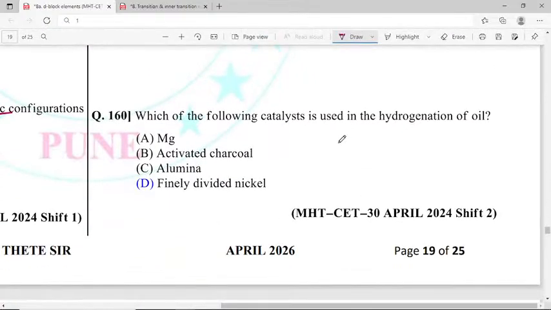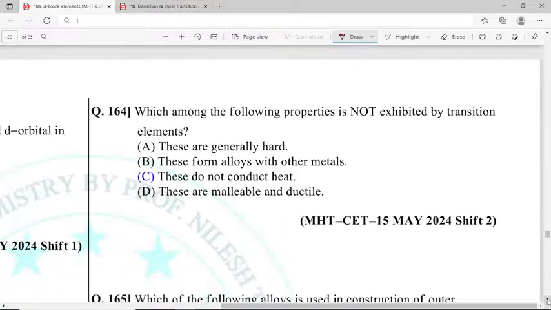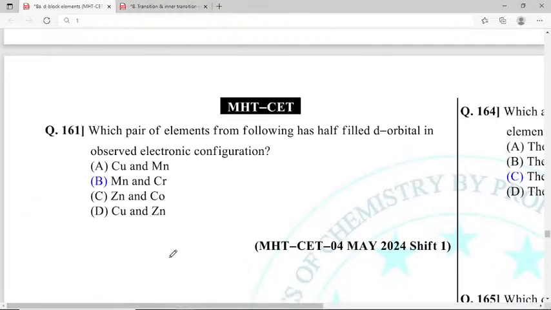Which of the following catalysts is used in the hydrogenation of oil? Finely divided nickel. Which pair of elements has a half filled d orbital in their observed electronic configuration?